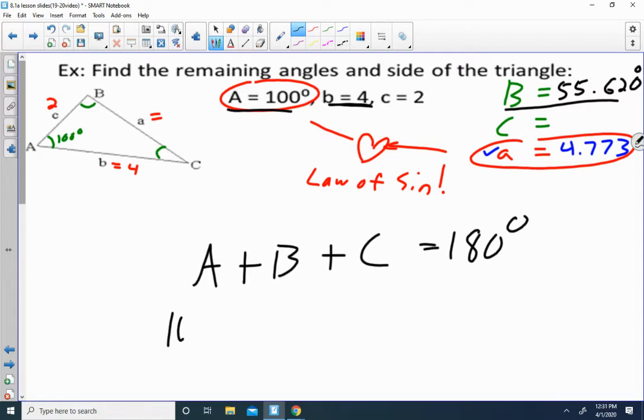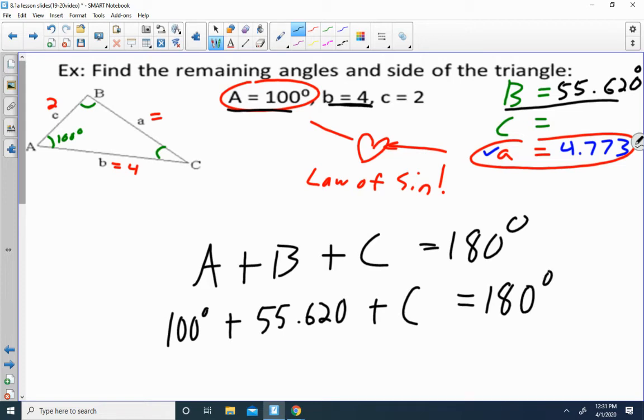So then, if A is 100, and if B is 55.62, you just got to find the 3rd angle that equals 180. Same stuff we did yesterday. So compute that, and you should get that C is equal to 24.380 or 24.38. The program should take either.